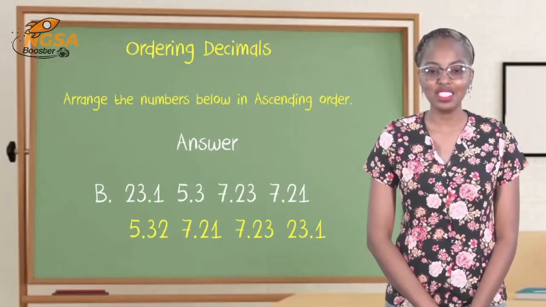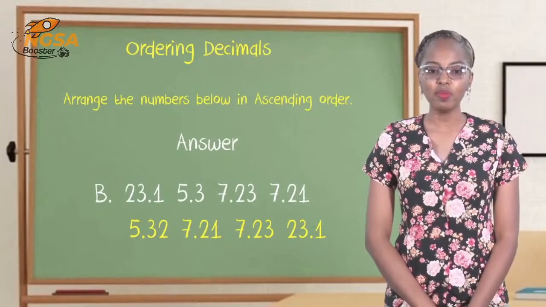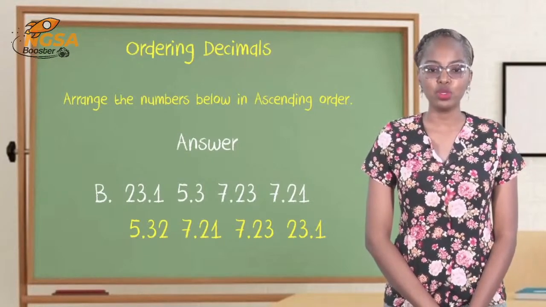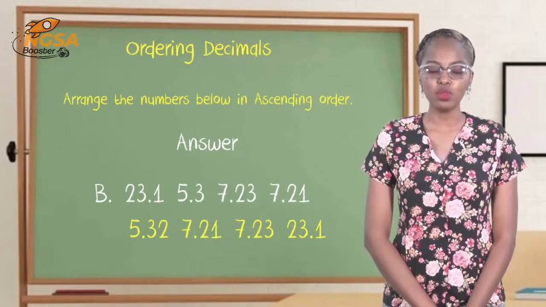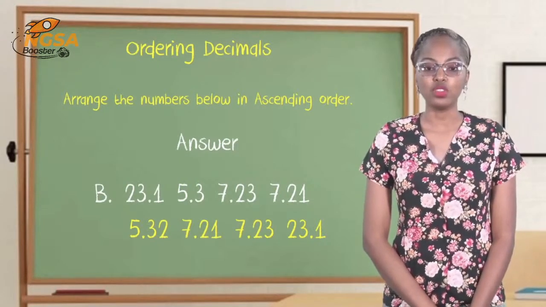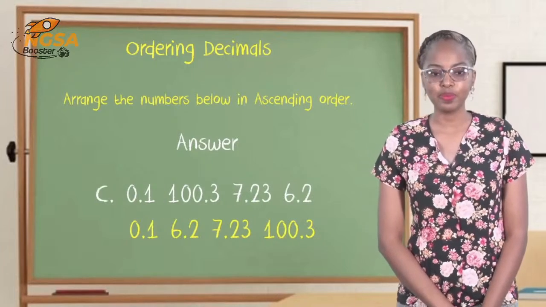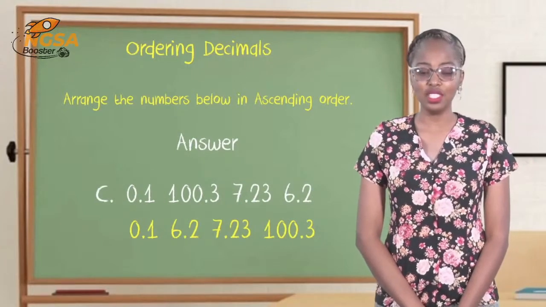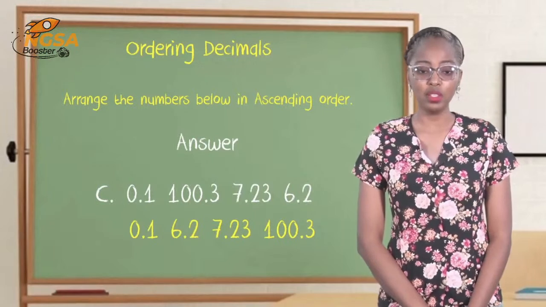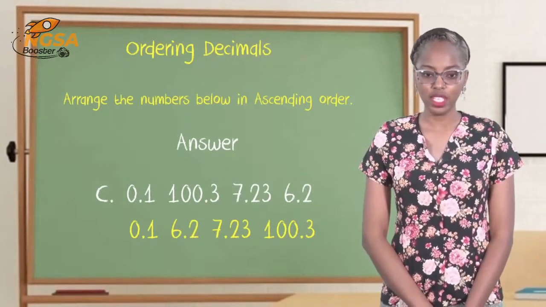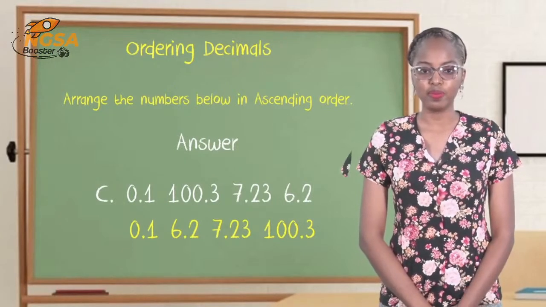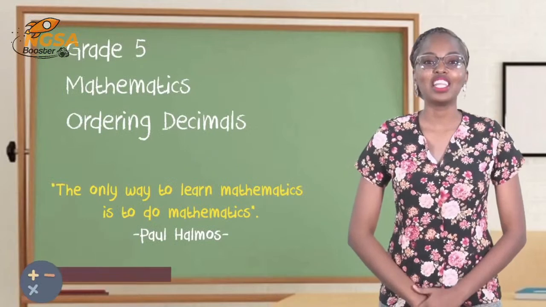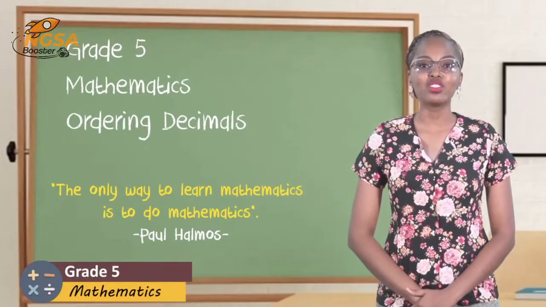For the second activity, the correct order would be 5.3, 7.21, 7.23, and 23.1. While for the last activity, the correct order would be 0.1, 6.2, 7.23, 100.3.